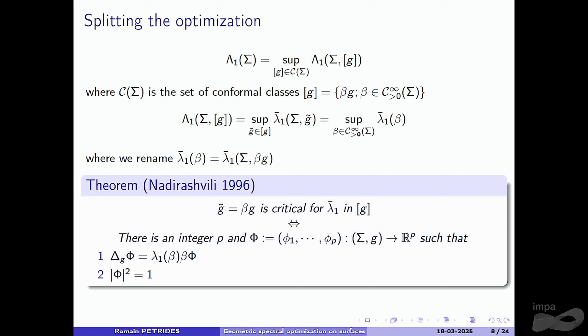Notice that compared to the other critical theorem, we do not have the third condition, which was conformality of the map, but we still have that the coordinate functions are eigenfunctions associated with the first eigenvalue of the critical beta, and that phi, the map phi, is inside the sphere. So that's the critical condition in that sense.